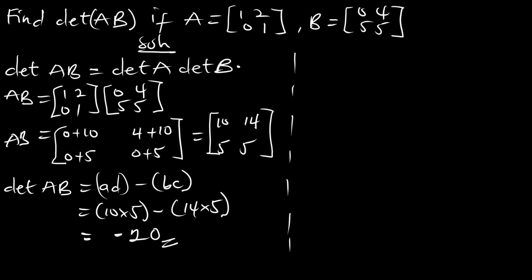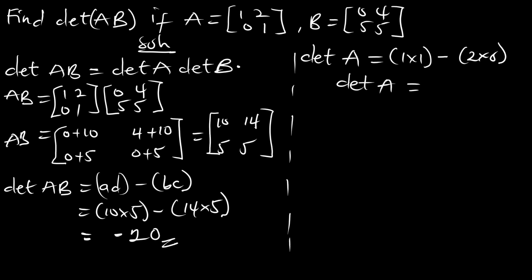Let's try to find the determinant of each matrix. Doing for delta of A alone, matrix A, that is going to be 1 by 1 minus 2 by 0. The delta of A is going to be 1, because this will run to 0. 1 by 1, 1.